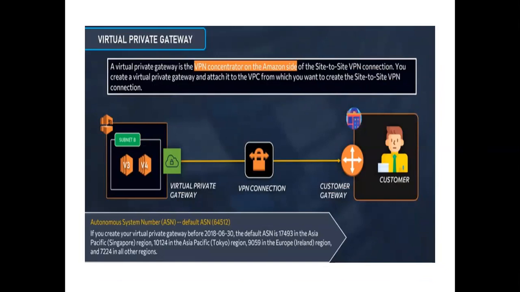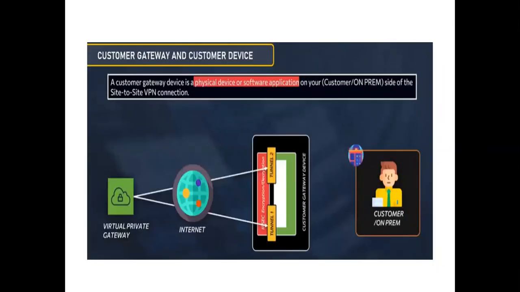However, to use either this one or that one, you need to have a device at your on premises. I already told you what devices are supported. Now, what is this customer gateway and customer device? Remember, a customer gateway or customer device is nothing but a physical device or a virtual appliance which you need to run at your on premises. Suppose you want to create a connection from your home, or from your Bangalore office, to AWS.